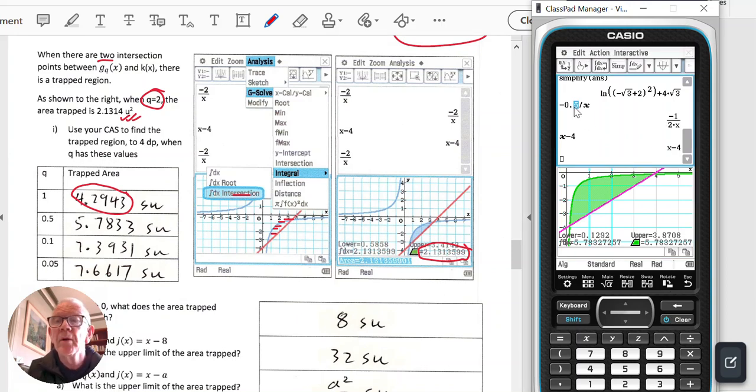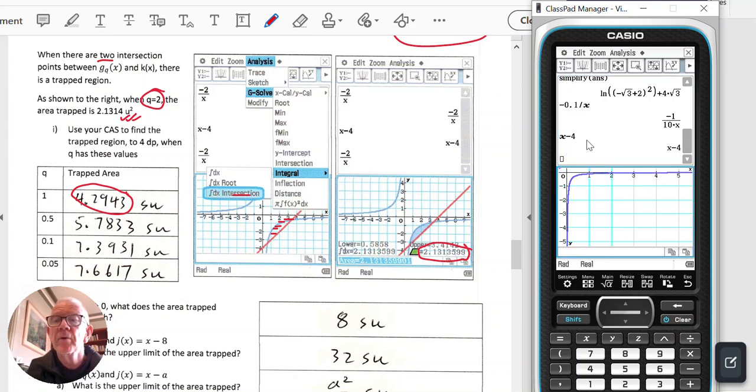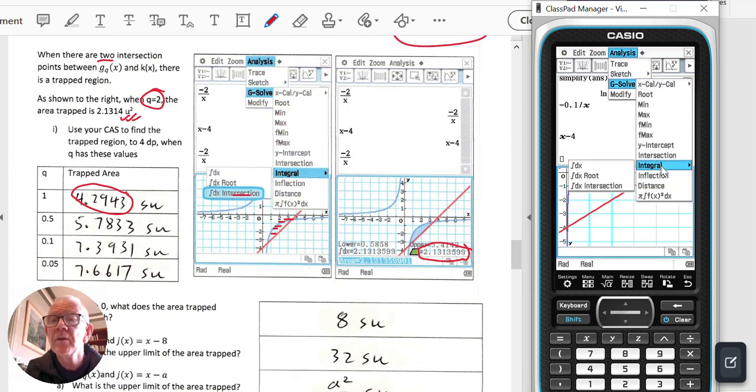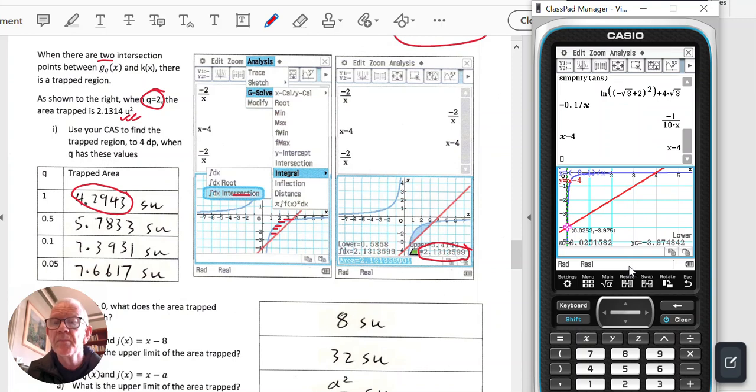When I do 0.1, same thing. I might clear all that. Maybe I'll press xe and then I drag and drop. Beautiful. It didn't remember the previous ones after I pressed xe. Analysis, G-solve, integral, intersection. I accept the first one, move across, I accept the second one.